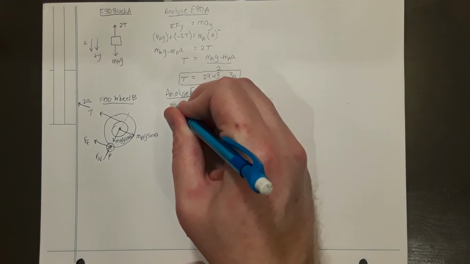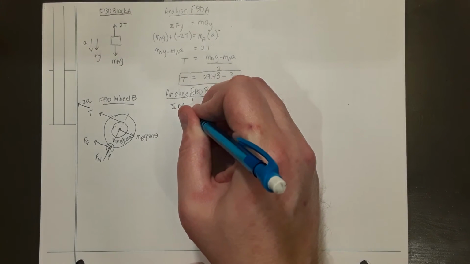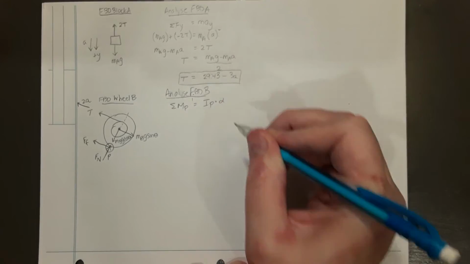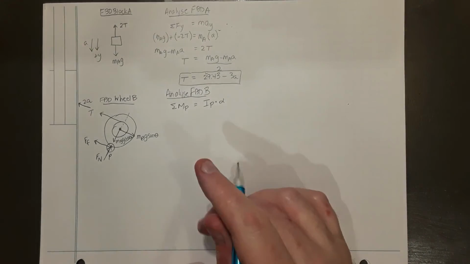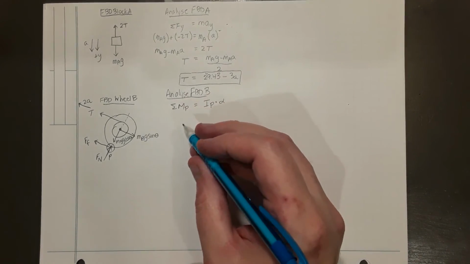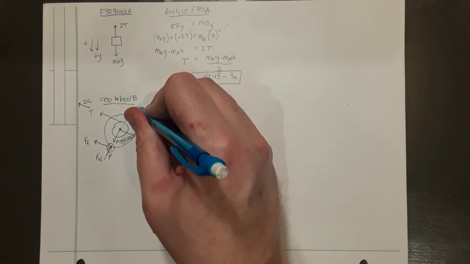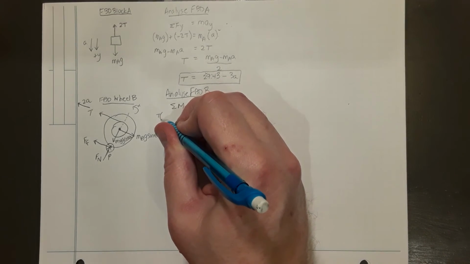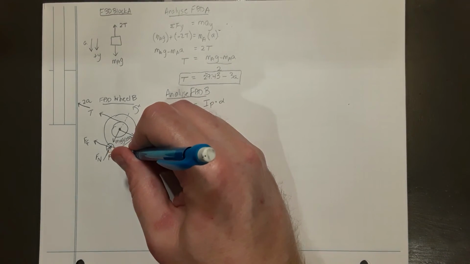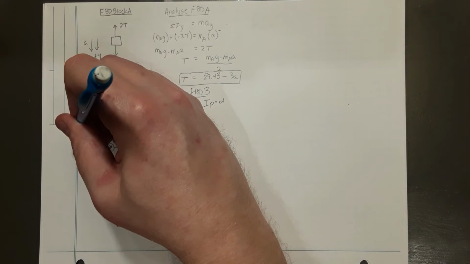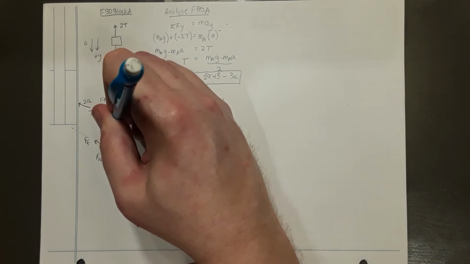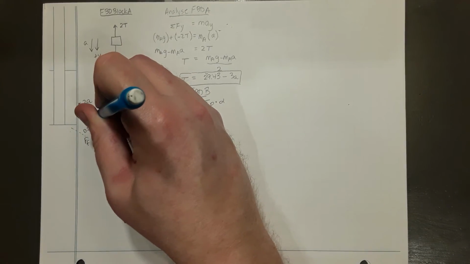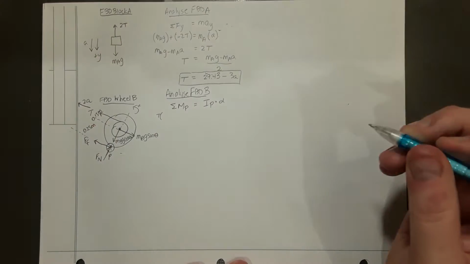So on the free body diagram of wheel B, we use net moment around axis P equals moment of inertia around axis P times alpha. The two competing loads here are, because up the incline is our positive direction for rotation, tension acting at a distance, and the distances on this free body diagram are 0.25 meters for the radius of the wheel and 0.15 meters for the radius of the hub.